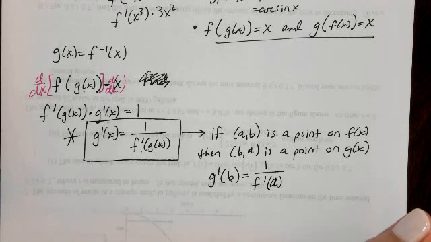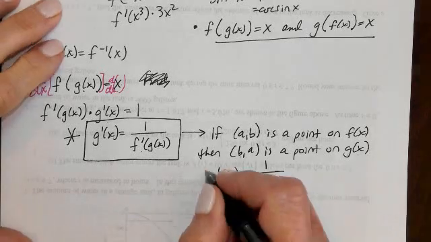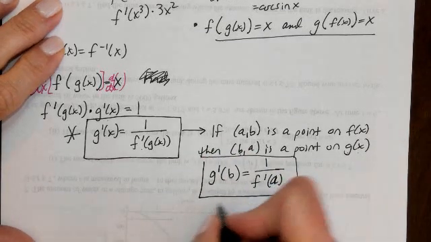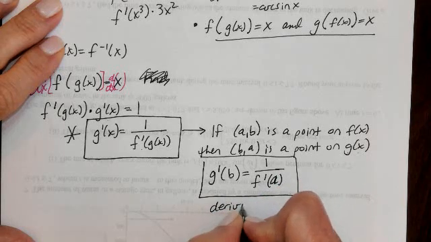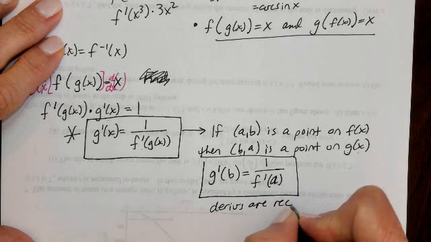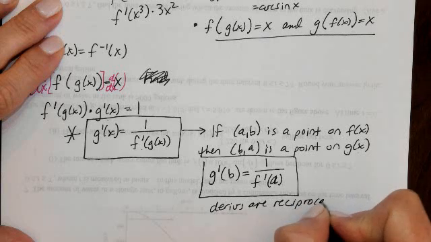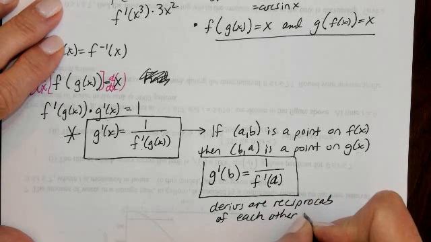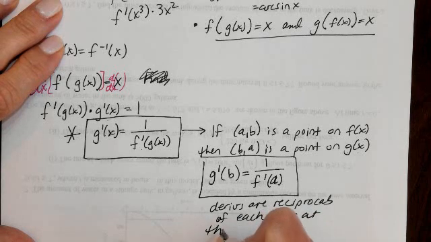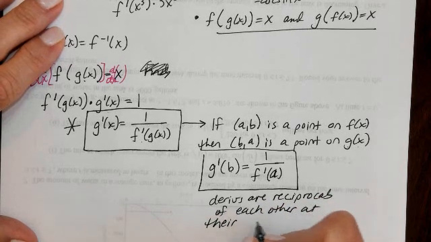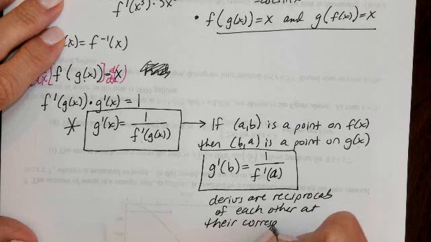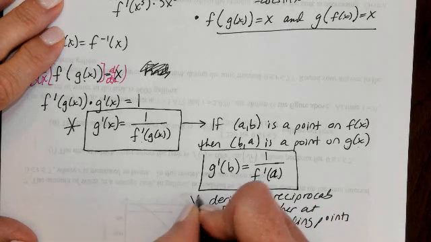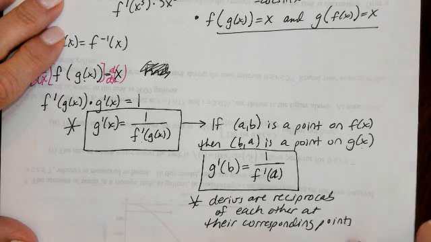So the derivatives are reciprocals of each other at their corresponding points. They're just reciprocals of each other.